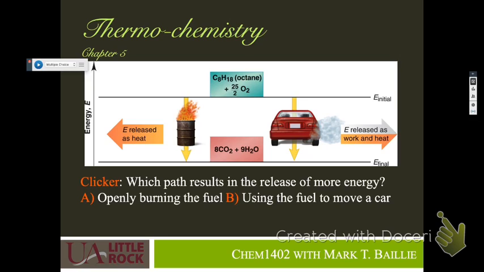So let's look at another question, which I think I had on the worksheets in the last couple of days. We're talking about the burning of octane. Which of these two paths releases more energy? Pick your answer first and then check with your neighbor, please.